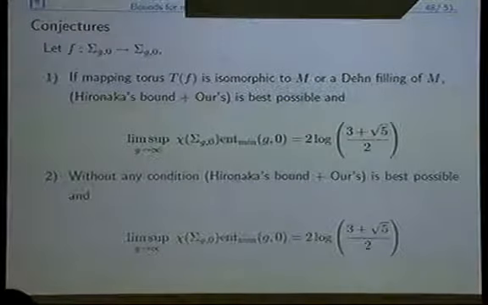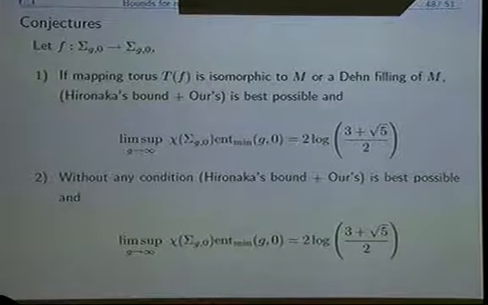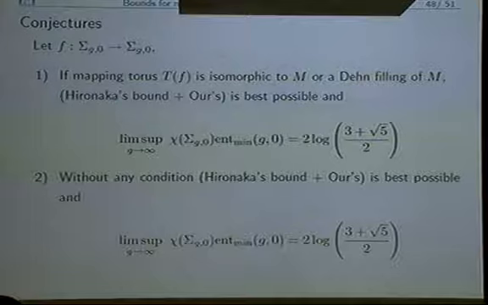And our conjecture is: if the mapping torus is isomorphic to the magic 3-manifold or a Dehn filling, Hironaka's bound and our bound are best possible. There is no other small entropy that comes from outside the magic 3-manifold.